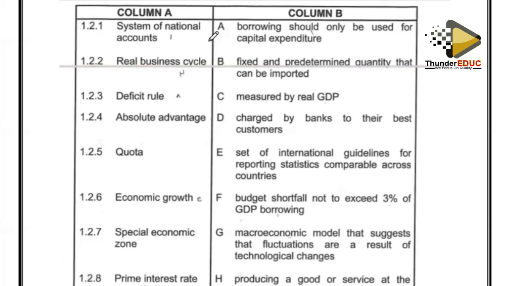When we talk of absolute advantage, it is when a country has the ability to produce more output using the same resources as other countries. So that is the absolute advantage.